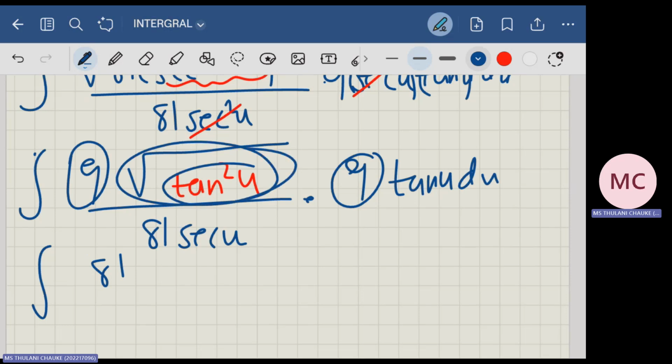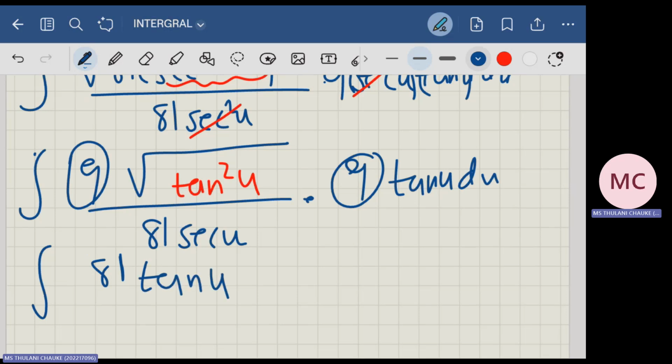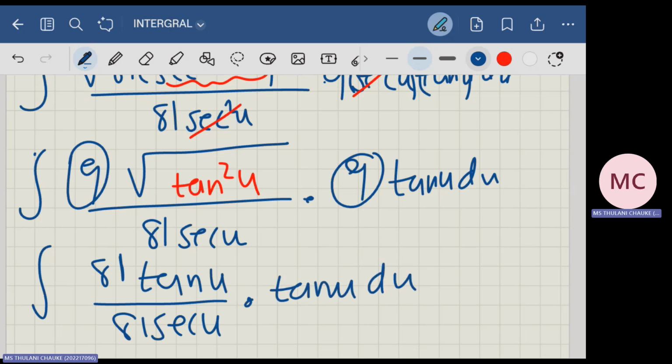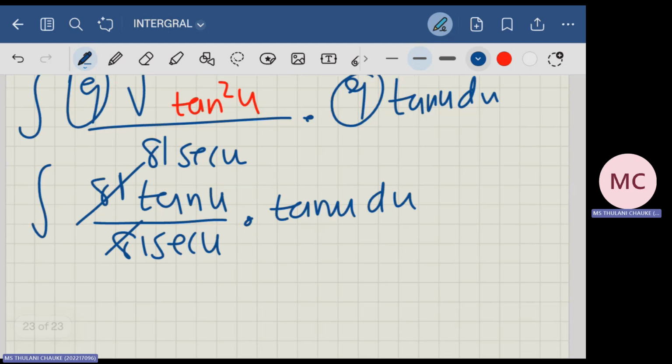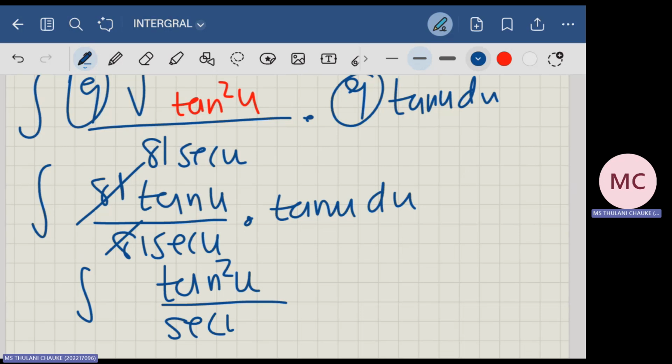If you check, this 9 and this 9 will multiply one another, and you'll have 81. Then this will give us the root of tan squared u, which is just tan u, over 81 sec u multiplied by tan u du. Then these two will cancel, and you'll be left with the integral of tan squared u over sec u du.